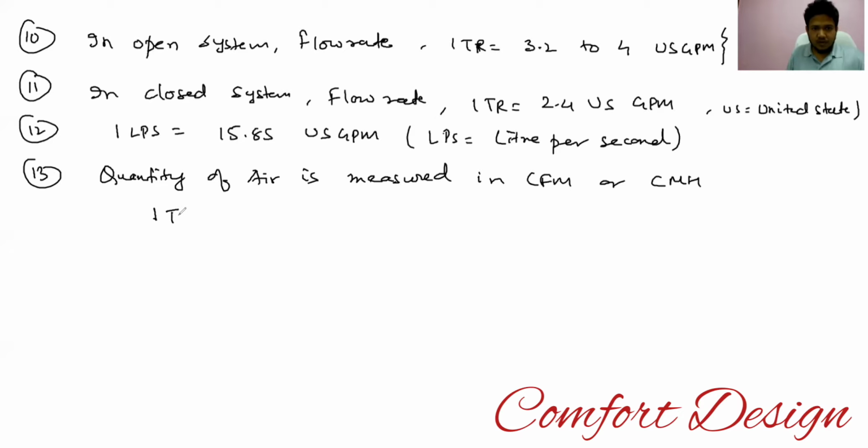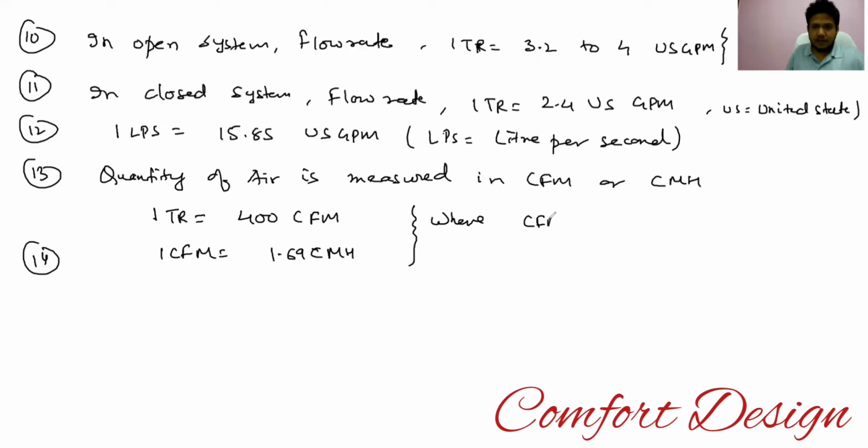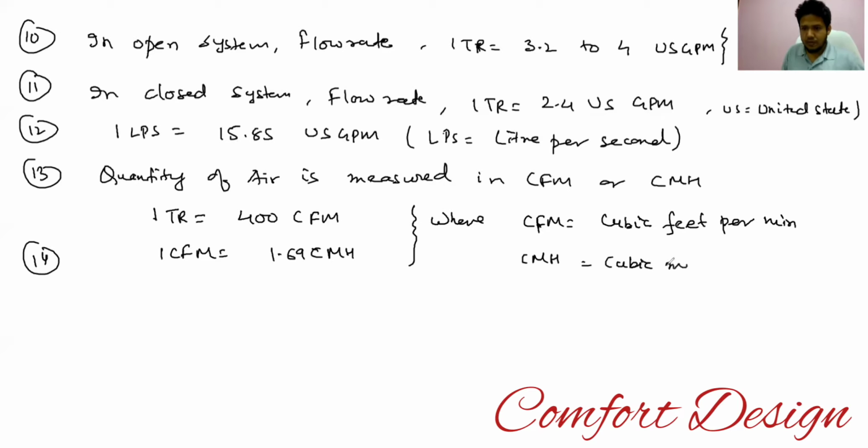So 1 TR is equal to 400 CFM, and 1 CFM equal to 1.69 CMH, where CFM is cubic feet per minute and CMH is cubic meter per hour.